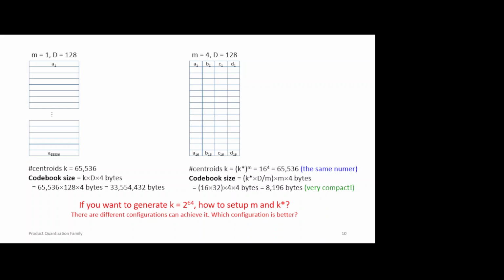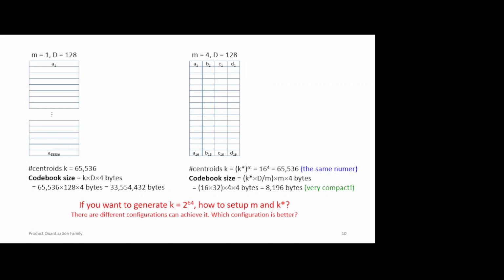But what is the corpus size? The corpus size is calculated like this. K star is, for each subspace, there are 16 centroids. So K star is 16, and D divided by N is the length of the subspace.